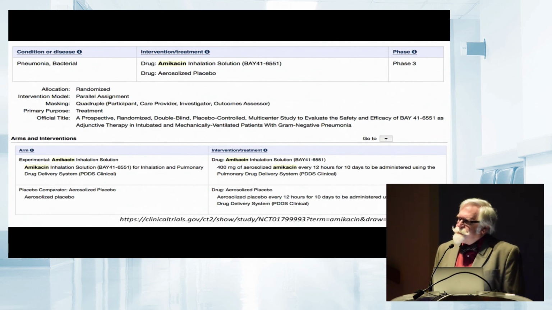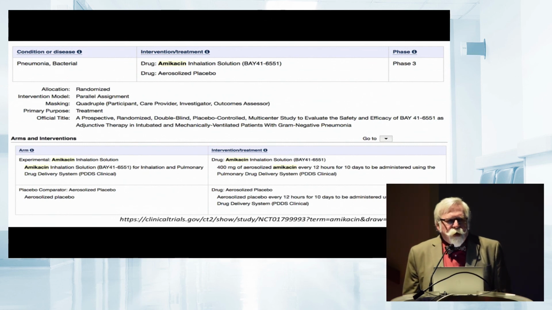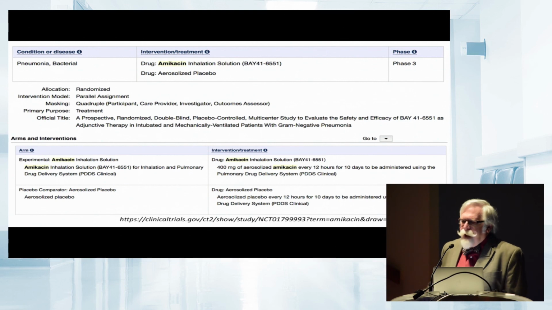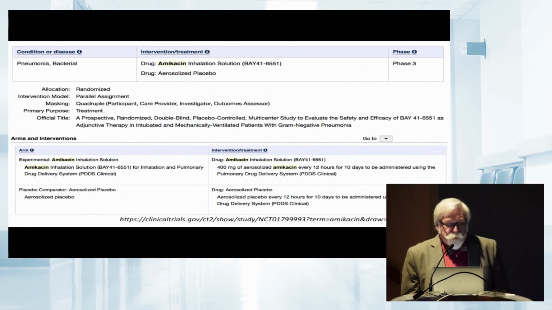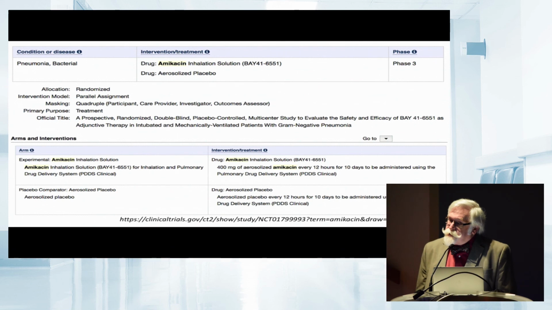Back in the 1970s, there was discussion about aerosolizing antibiotics, and there was some aerosolization of antibiotics 45, 50 years ago. And there continues to be interest. To my knowledge, this is the largest study to have been done to date. The results have not yet been published, but they are, I think, fairly well known.